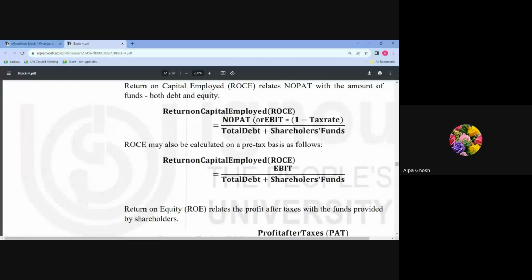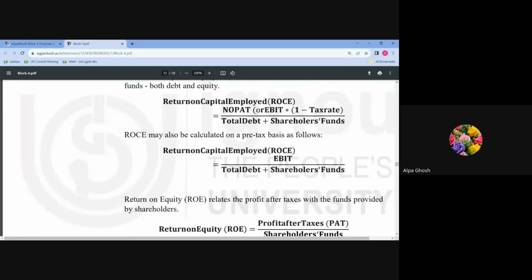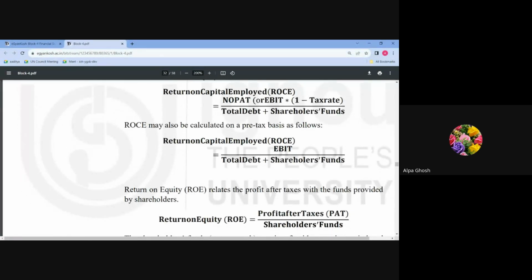On the basis of these formulas, you are required to go with the calculations which they have given at the top. You apply these formulas and you will get the answer. There is one more for net profit. It is return on capital employed.